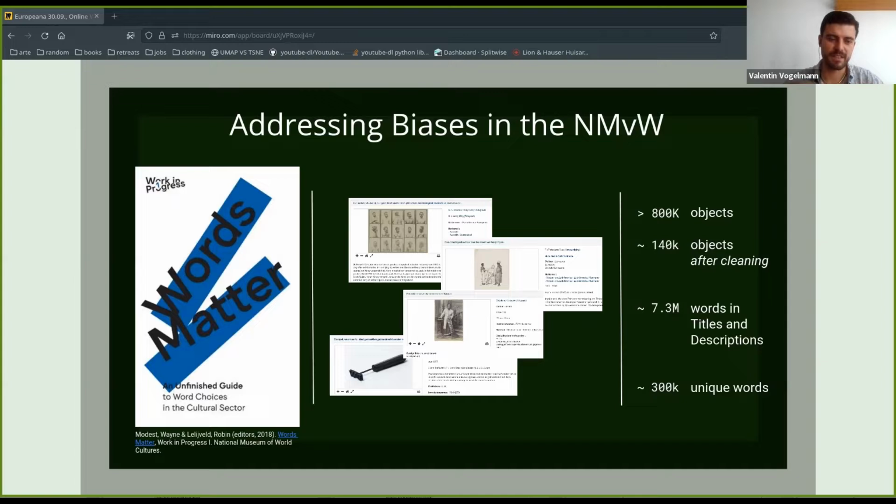It is the publication called Words Matter, which they published in 2018, which is a lexicon, and it's also explicitly always unfinished, on word choices in heritage collections.